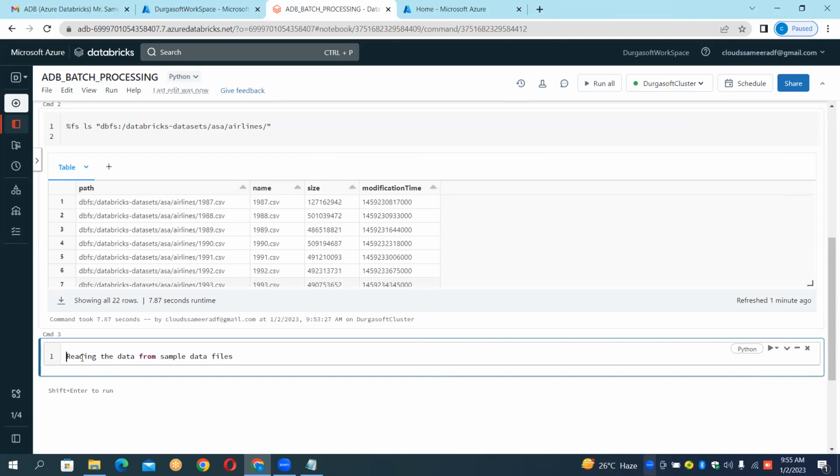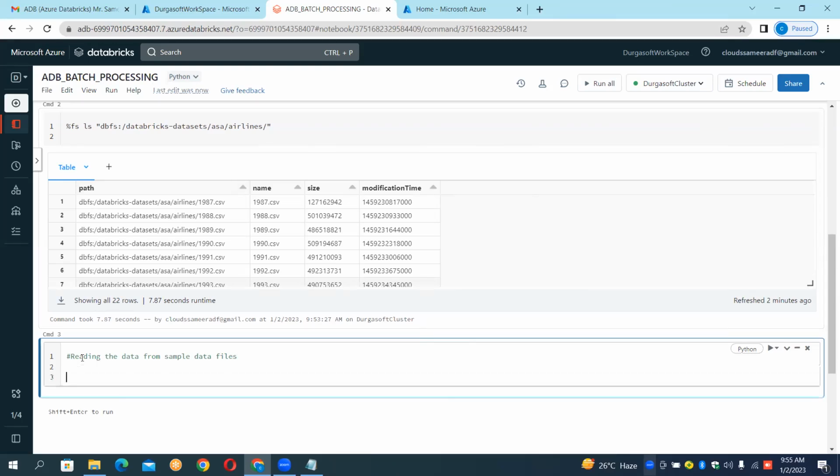So for that, use it by commenting this. And now, guys, use it as it is. So how to read the data from the sample files?